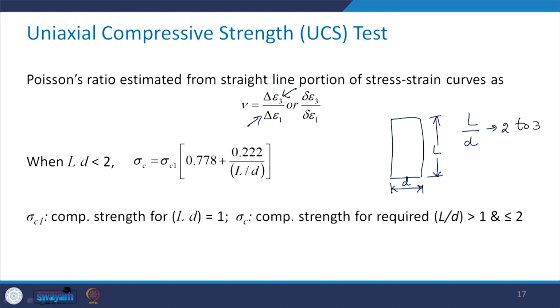But depending upon the dimension that we can obtain from the core which you have got from the field, you will be able to extract or prepare the specimen. Many a times it may not be possible to get the specimen of L by D of 2 to 3.